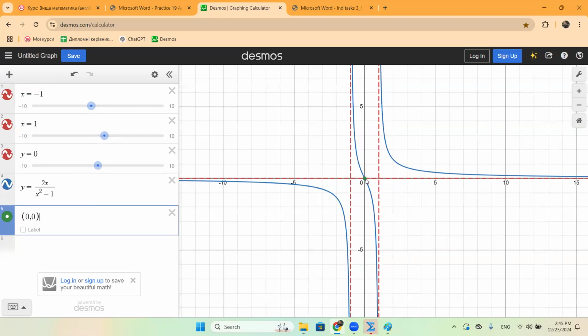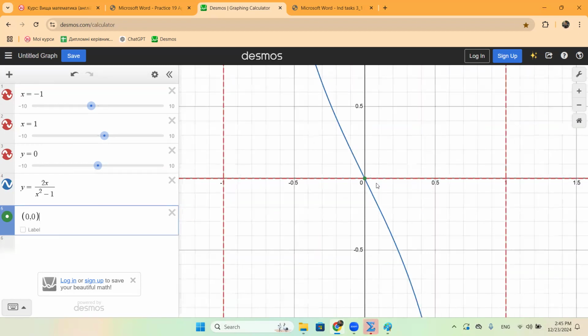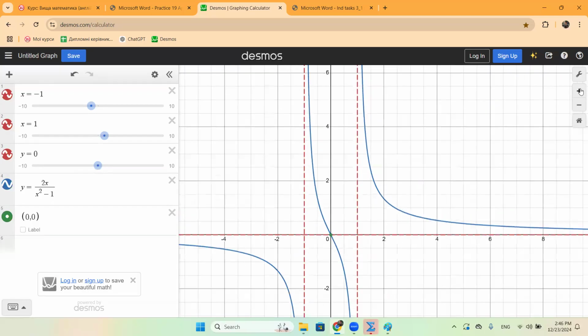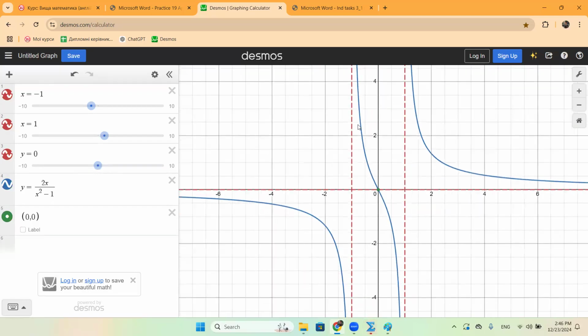But always you need to write intersection points with the coordinate axes, extrema points, and inflection points. Here, the inflection point and the intercept just match. So basically that's it. All information must be on the graph.